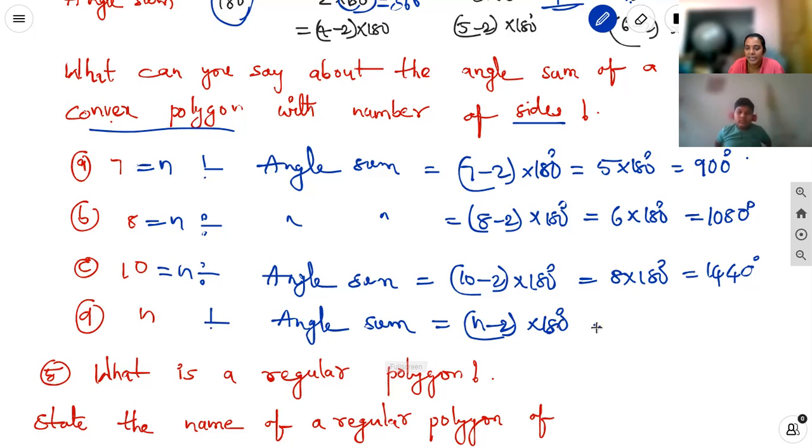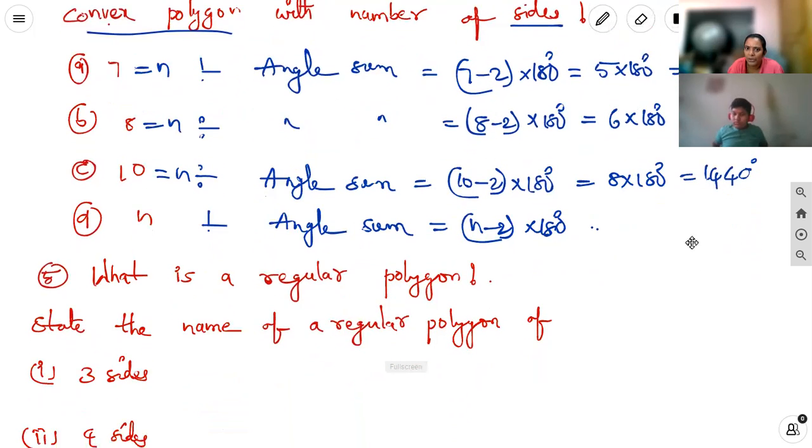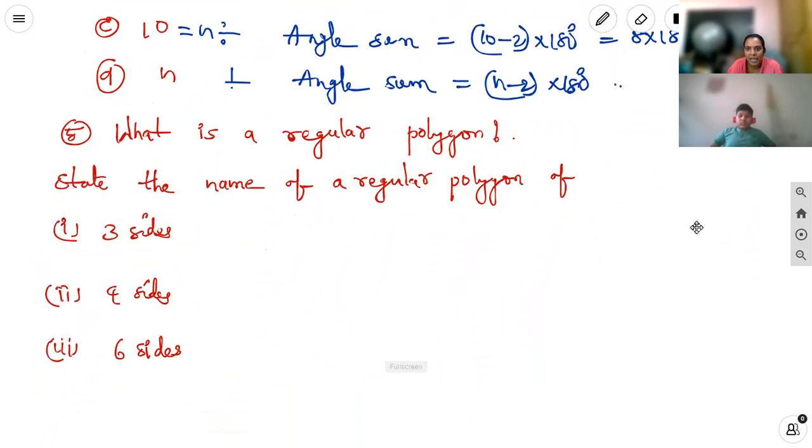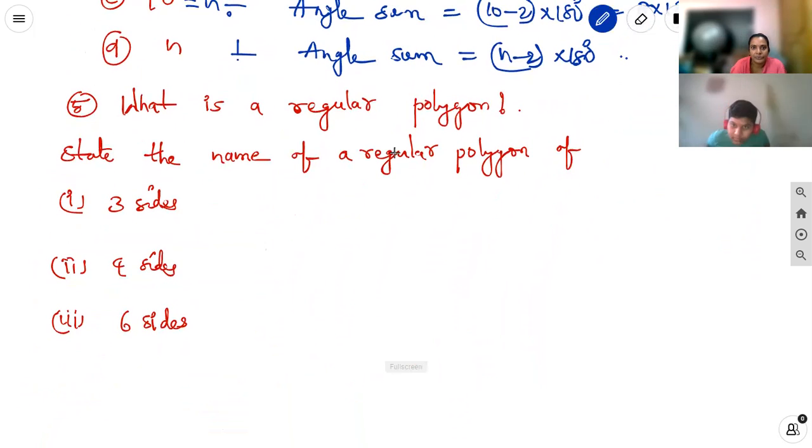Okay, this is the way, and this is the formula or rule for the angle sum of polygons with n sides. Next, fifth question. What is a regular polygon? Again recall, regular means sides and angles should be equal.